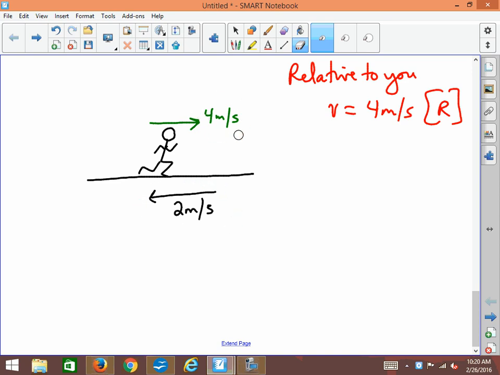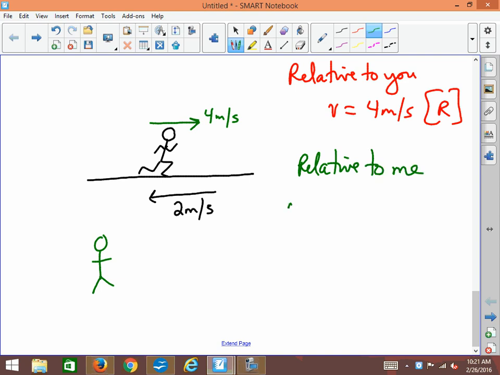If I'm watching you from the side and I can see both things, if I can see the conveyor belt and I can see you, then I have a different perspective, right? A different reference frame. What I will see is a combination of this. So relative to me, I'll be the green one.